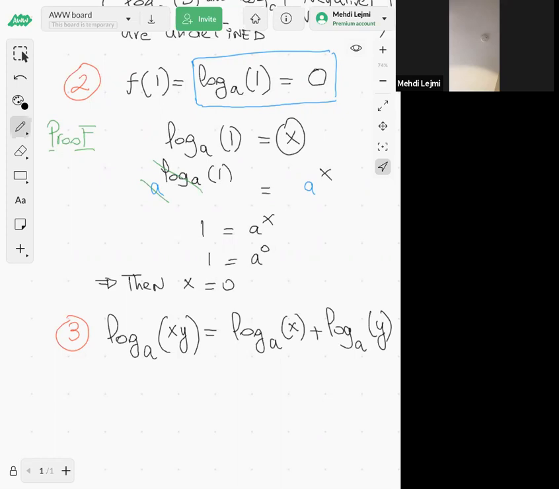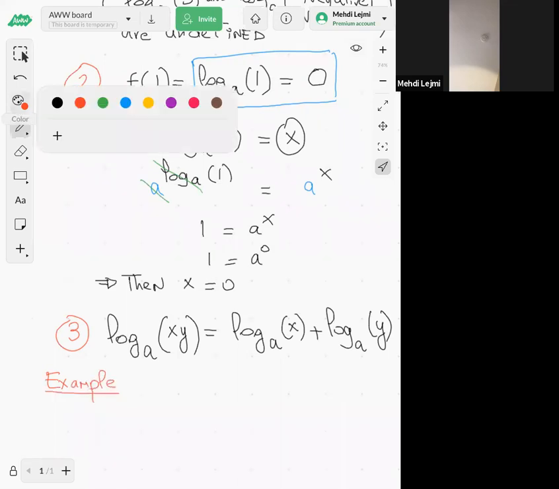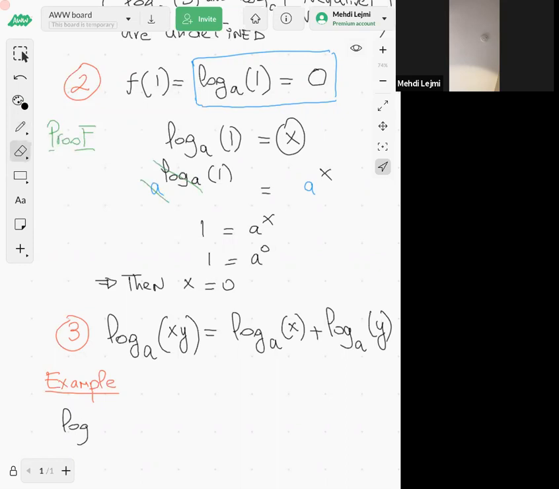For example, let's say you have log in base 2 of 15.